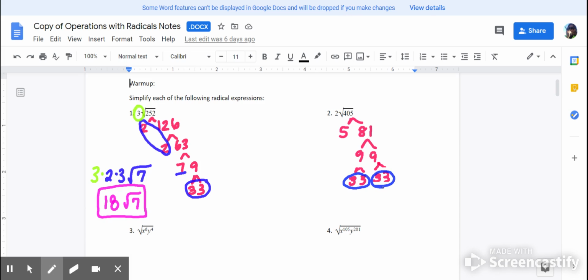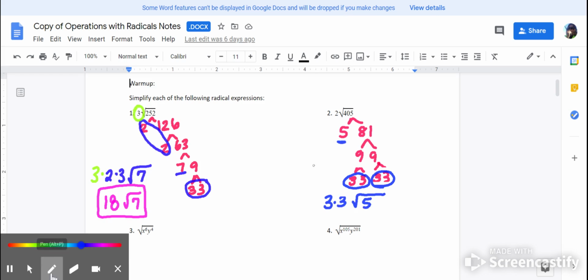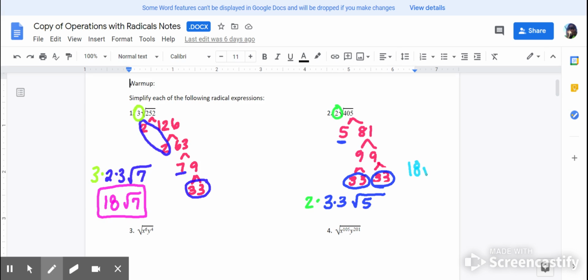Because I have 2 pairs of 3's, they both must leave the radical and go on the outside. I have a 5 that's left over, so it stays inside the radical. Again, I have a number on the outside that I cannot forget about. We just bring it down, so we multiply everything by 2. And our final answer will be here, 2 times 3 is 6, 6 times 3 is 18, so 18 on the square root of 5.